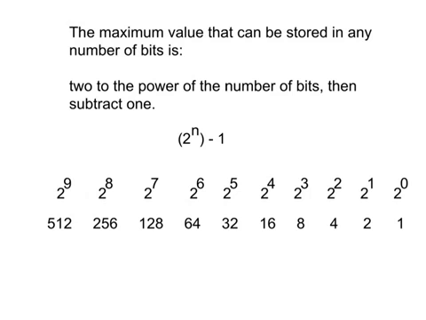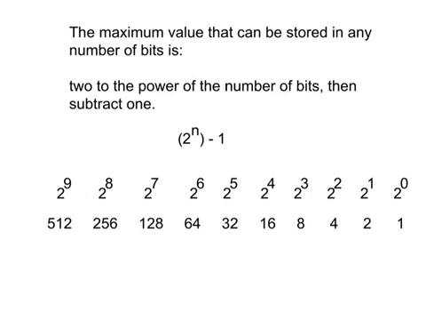If you have 8 bits, then you would say that 2 to the power of 8 is 256, which means you could store 256 total possibilities. One of those possibilities is 0, which means the maximum number that you can store is 255, which is 2 to the power of 8 minus 1.